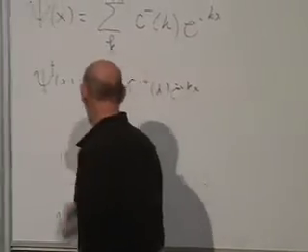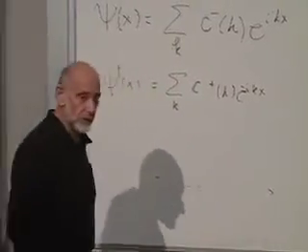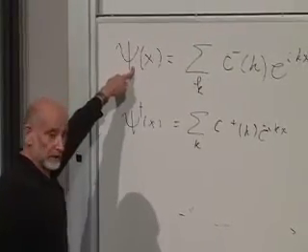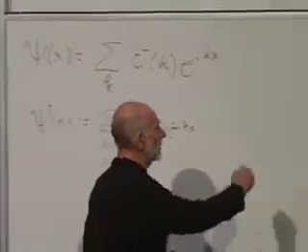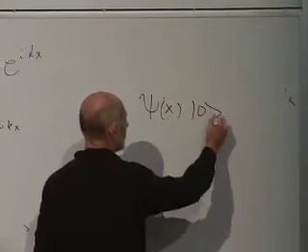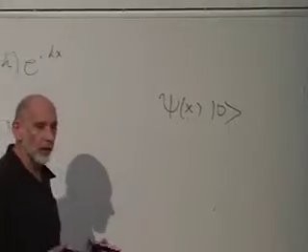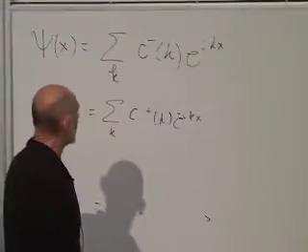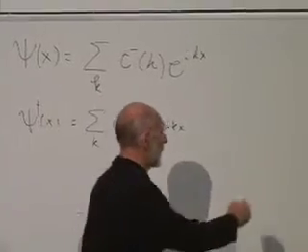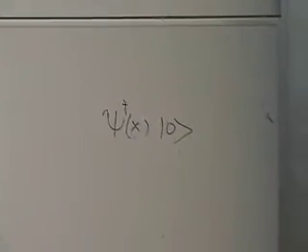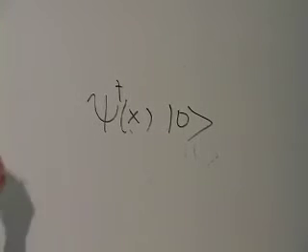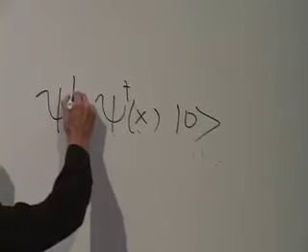How do we create a particle at point x? We create a particle at point x using psi of x. Psi of x on the vacuum represents a particle at point x. Oh, sorry, I think we should have psi dagger. Yeah, creation operators. So the question is, what happens if you try to create two at the same point?